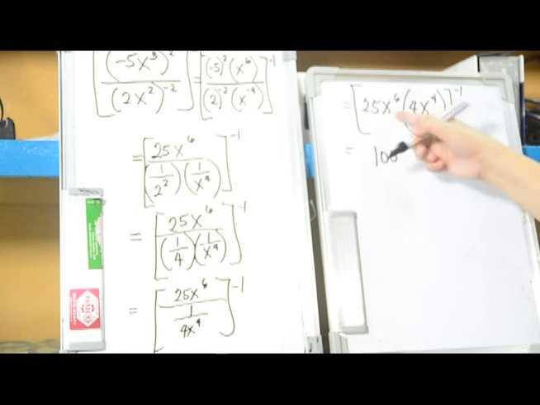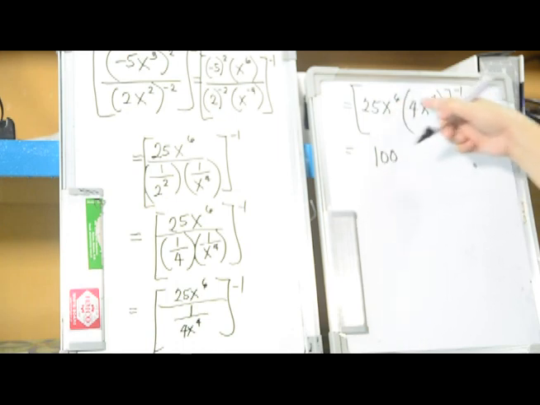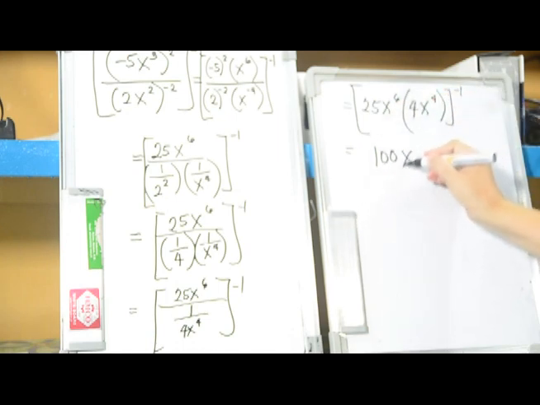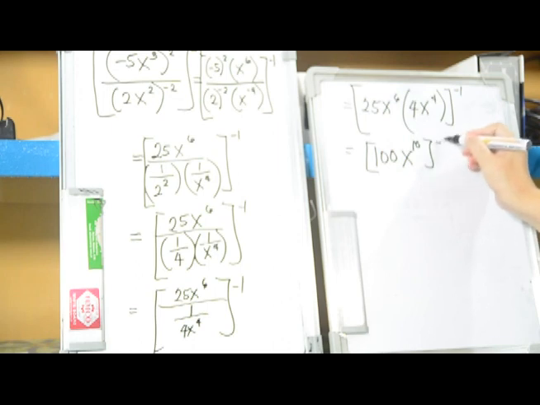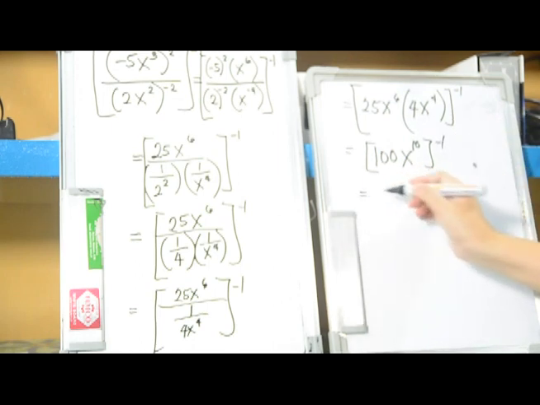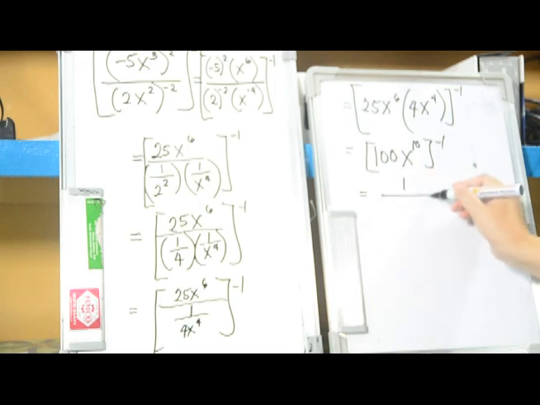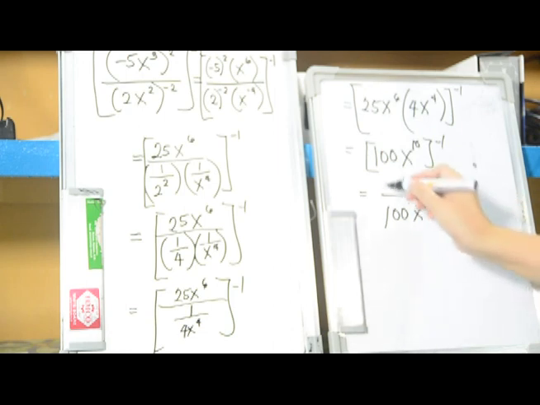And this one, simply add the exponents, no? So you have x 6 plus 4, so you've got 10. And this one will be raised to negative 1. To give the exponent positive 1, give the reciprocal of that. So that is 1 all over 100 x raised to the power of 10. Okay? So this will be the final answer.